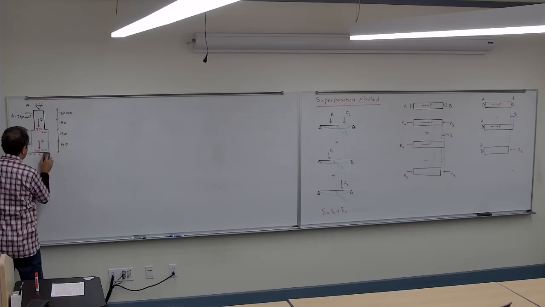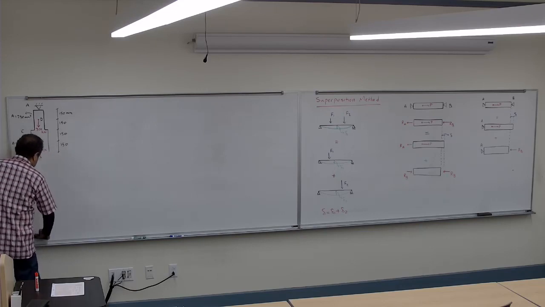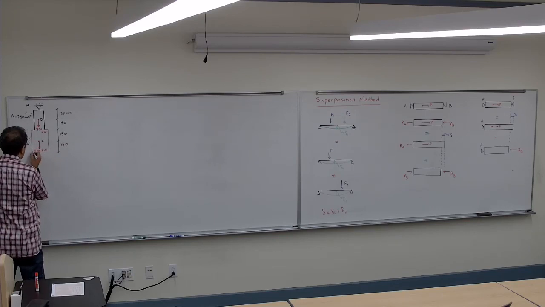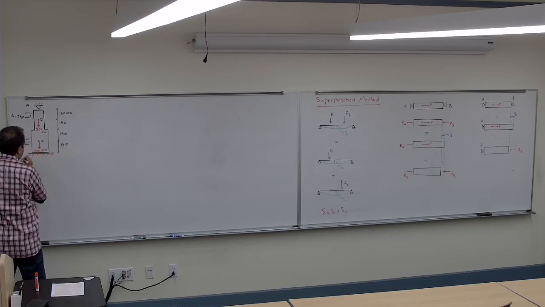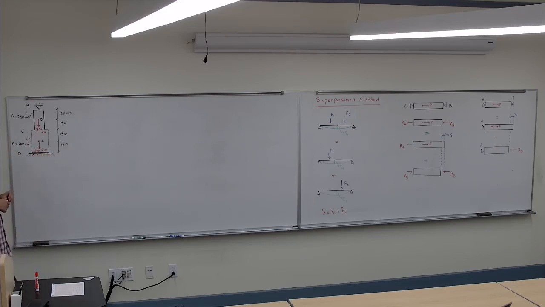It's not a fixed support. So I have two reactions, correct? And only one equation of equilibrium. So I have to get rid of A or B.